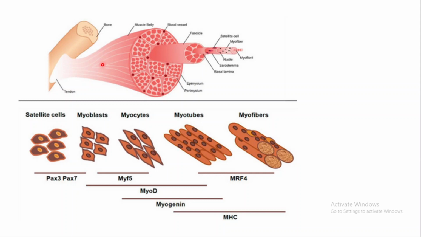So the myocyte is the smallest muscle cell, then it forms the myotubes, then we go on to myofibers, then the fascicle, and then the muscle body. So this is an overall picture of skeletal muscle organization.